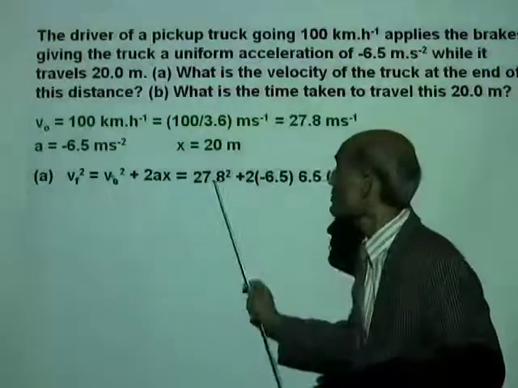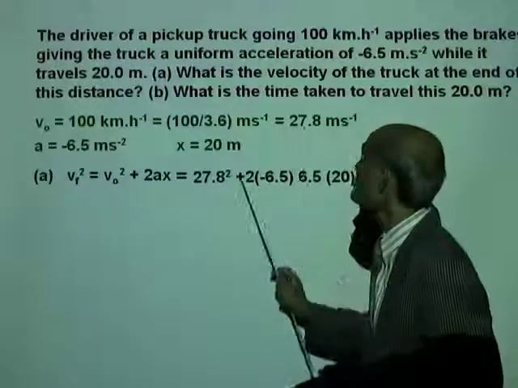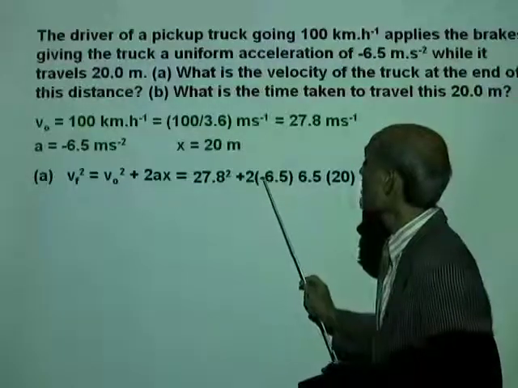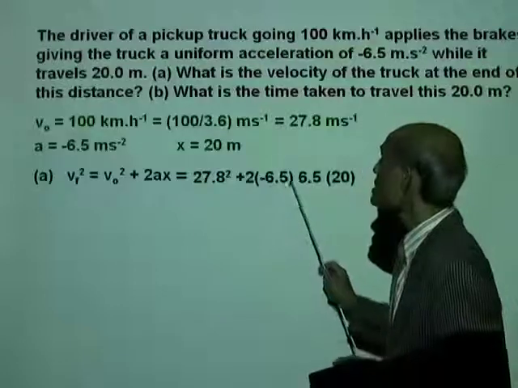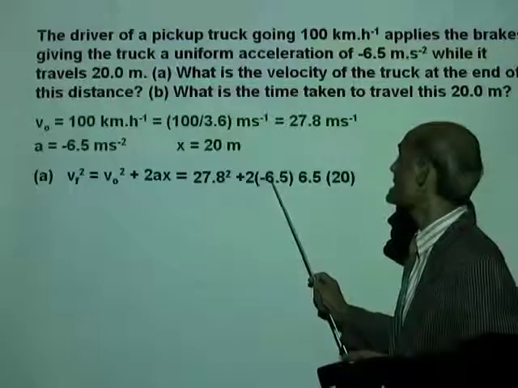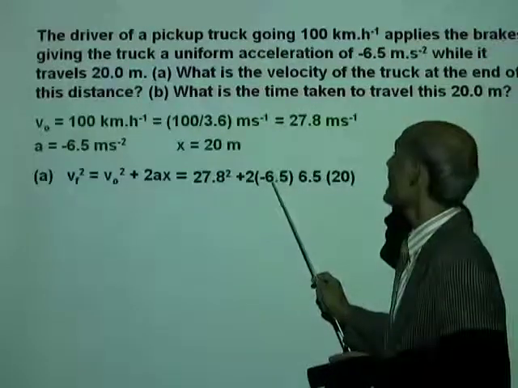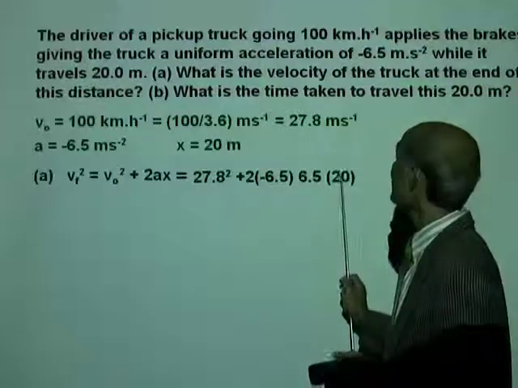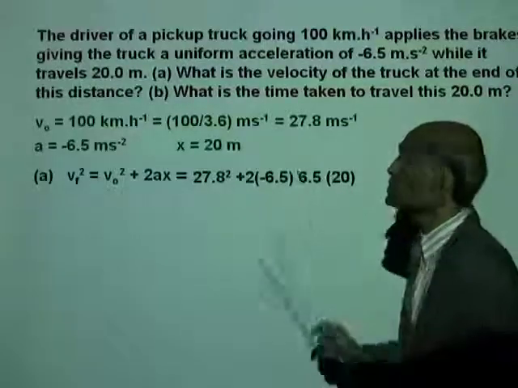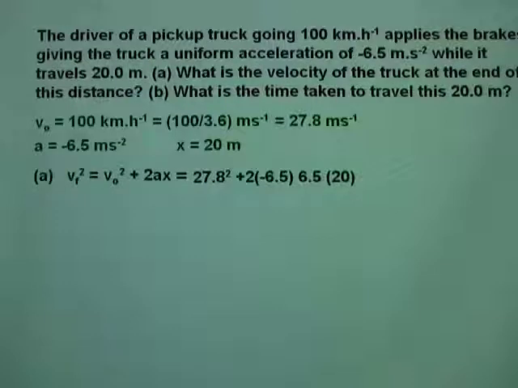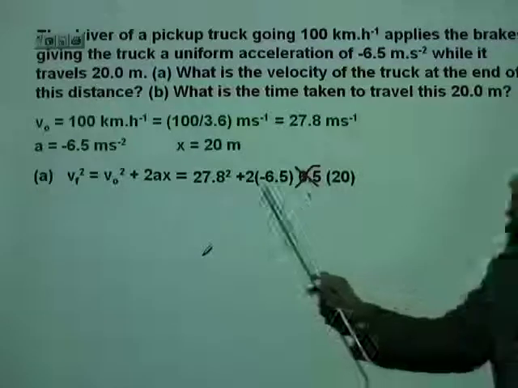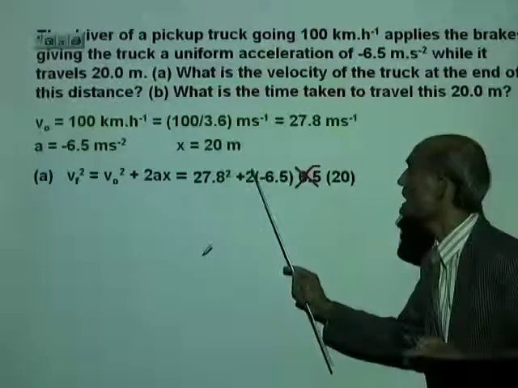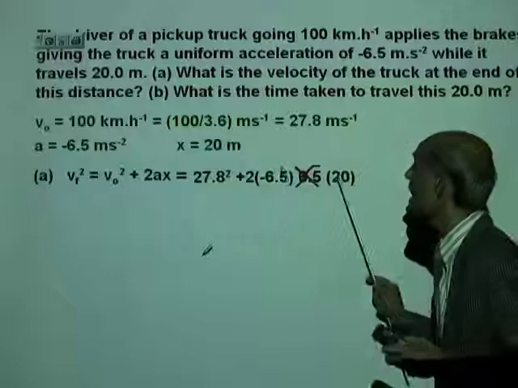That will be 27.8 squared plus 2 times acceleration, negative 6.5 meter per second squared, times x, which is 20. There is an additional 6.5, you need to cancel that. There is only one 6.5 there. So V0 squared plus 2ax.